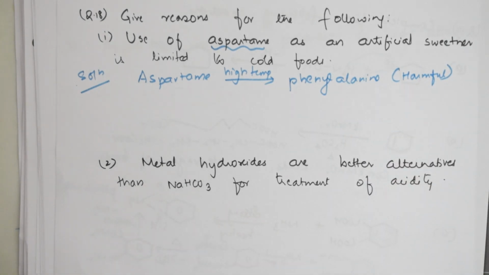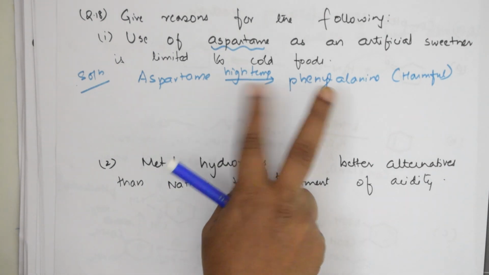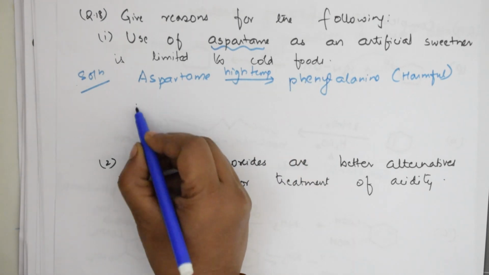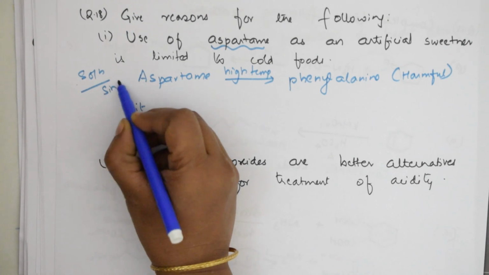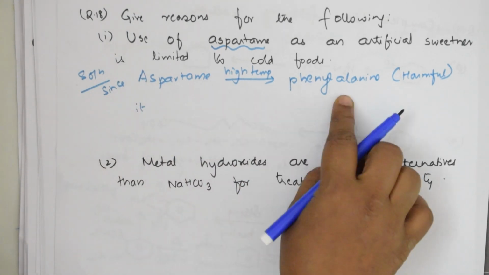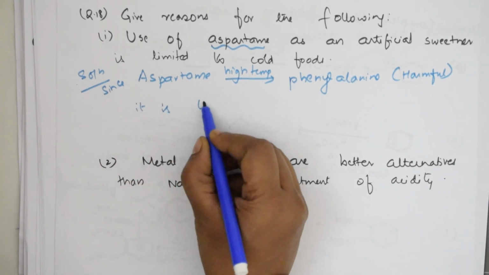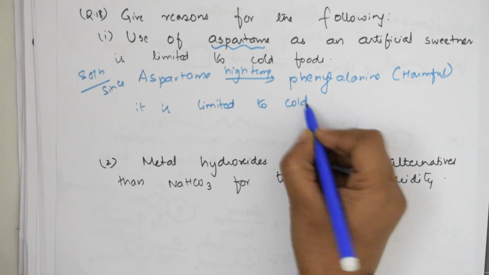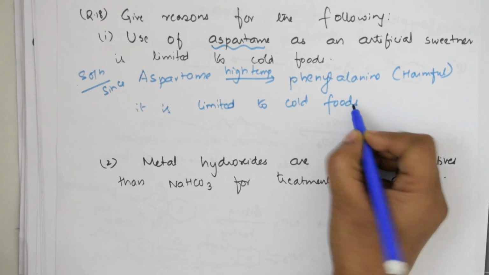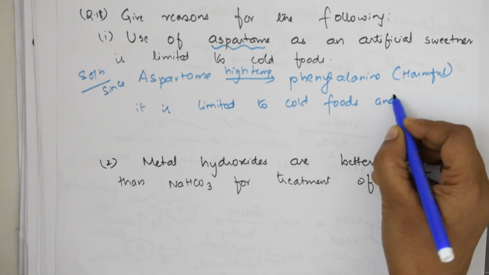Aspartame, which is a sugar substitute, gets converted to a harmful substance at high temperature. You write this: since aspartame gets converted to phenylalanine at high temperature, it is limited to cold foods only.